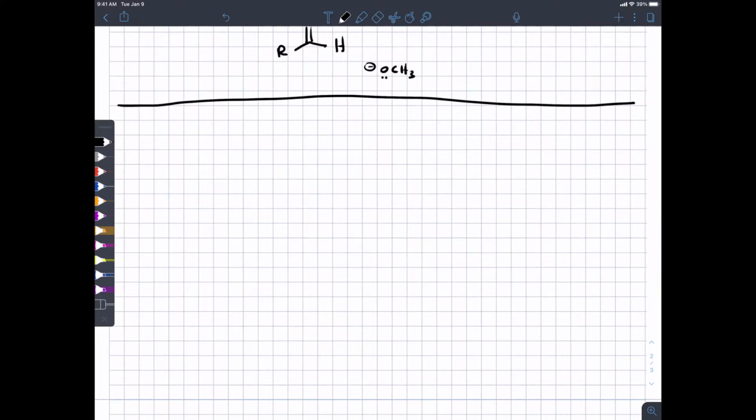So let's talk about carbon or carbanion-like nucleophiles. As you know, an sp3 hybridized carbon-hydrogen bond has a pKa of around 50, which basically means that the corresponding carbanion is really, really, really unstable, really, really reactive.